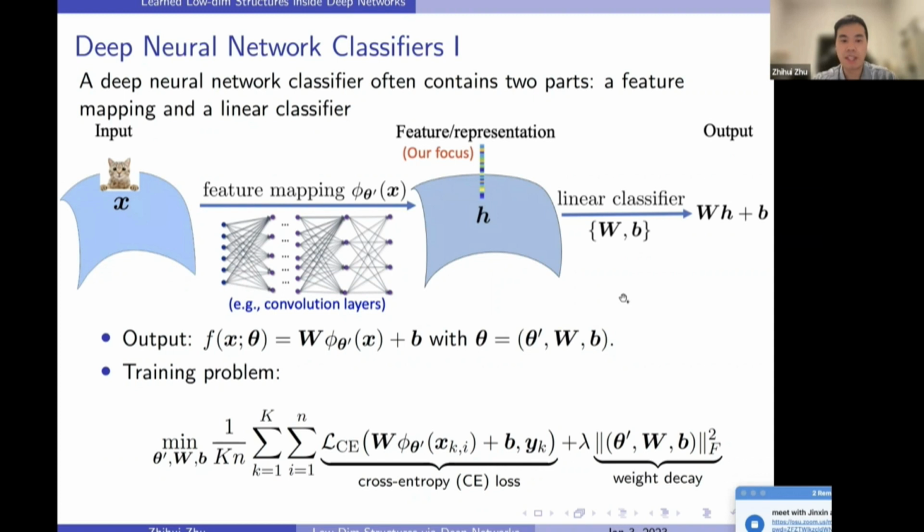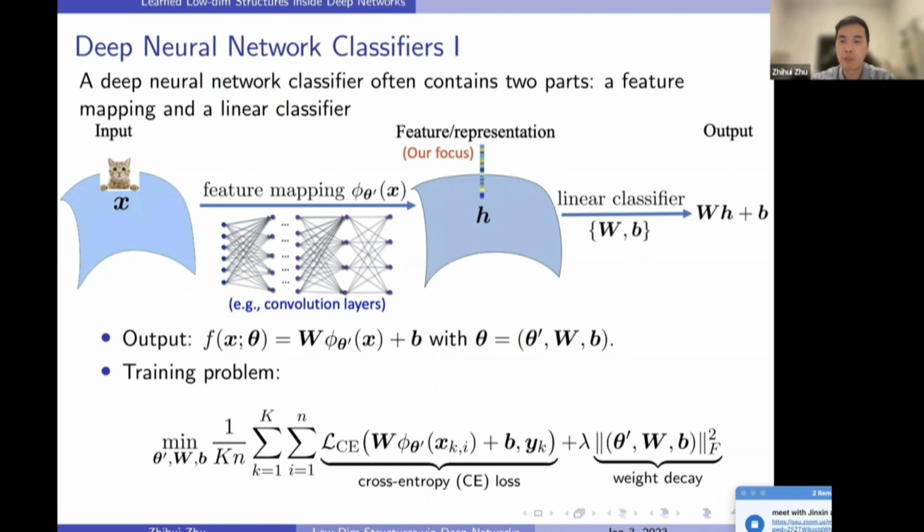With this setup, the network output will simply be W multiplied by the features of each input X plus the bias vector. And then the training problem boils down to finding the optimal parameters, which are theta in the feature mapping and the linear classifier W and b, by minimizing the difference between the network output and the one-hot labeling vectors for all the training samples.